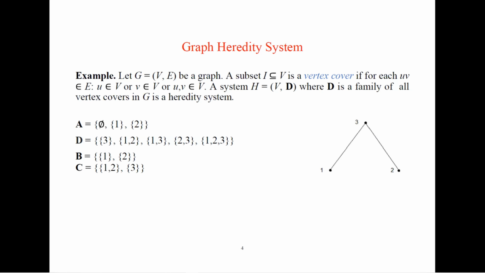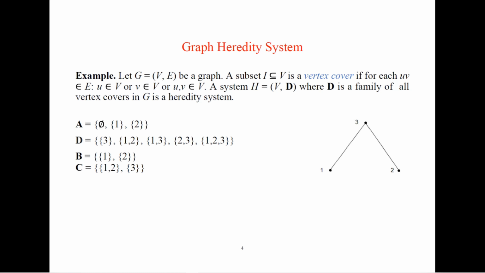It's easy to see that if some set of vertices is a cover set, then every superset of this set is also a vertex cover. So the system H with V, a set of vertices, and D, the family of all vertex covers in this graph, is a hereditary system.